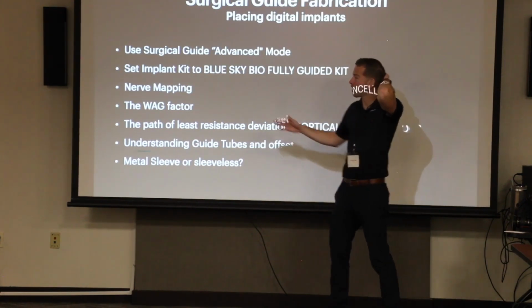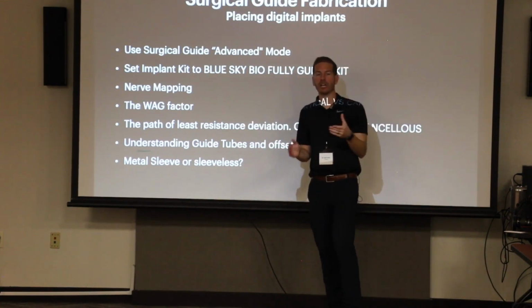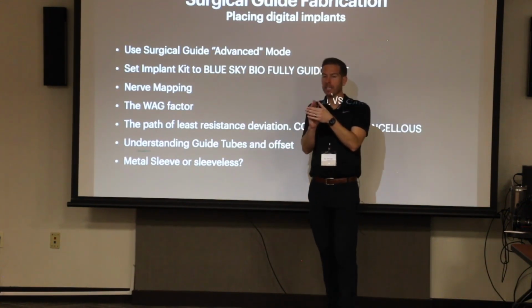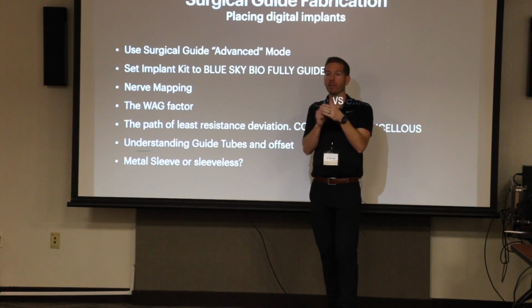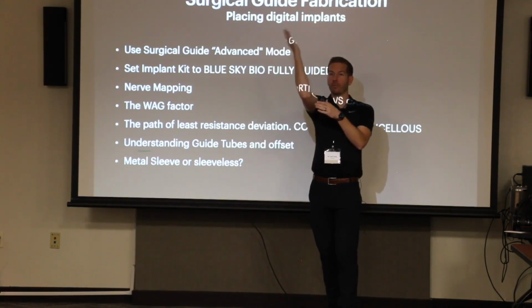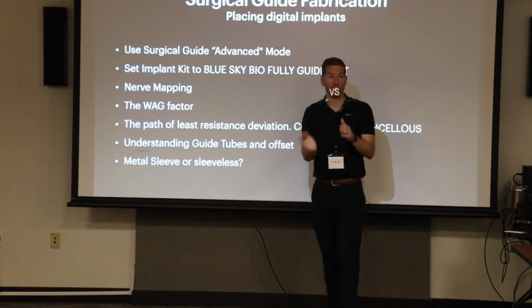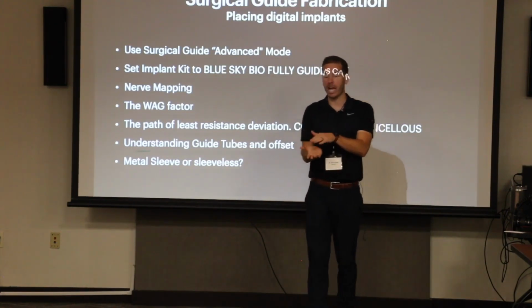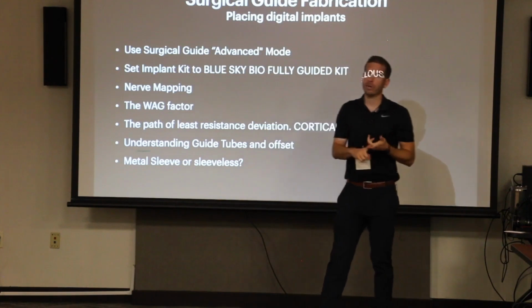The wag factor, that's the thing we were just talking about as far as the play between the metal sleeve and the drill. You saw me wiggle that back and forth. That little bit of play increases the farther we get away from the guide tube. So what are ways that we can combat this?